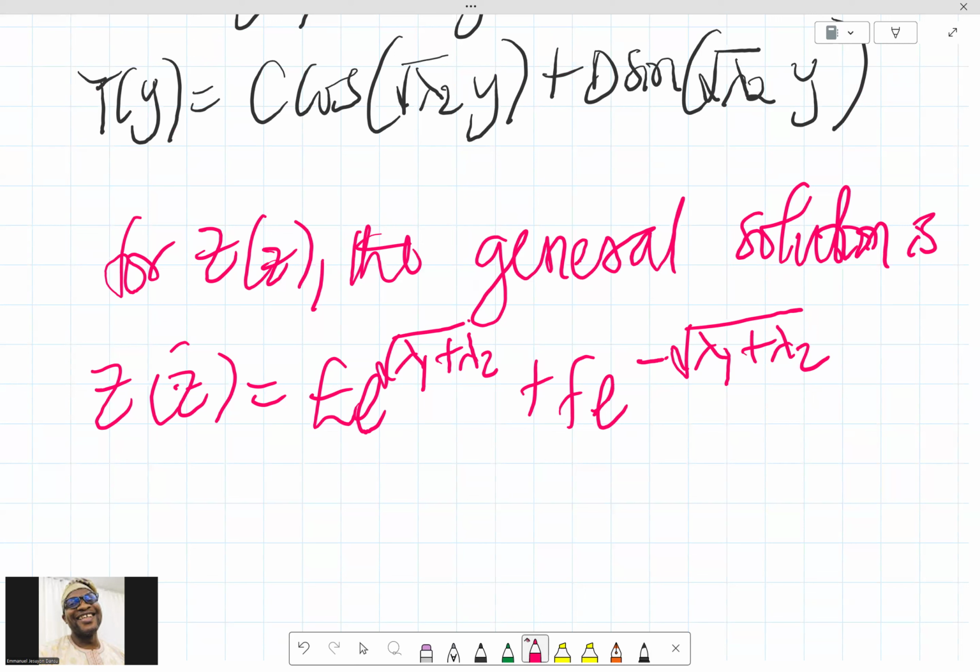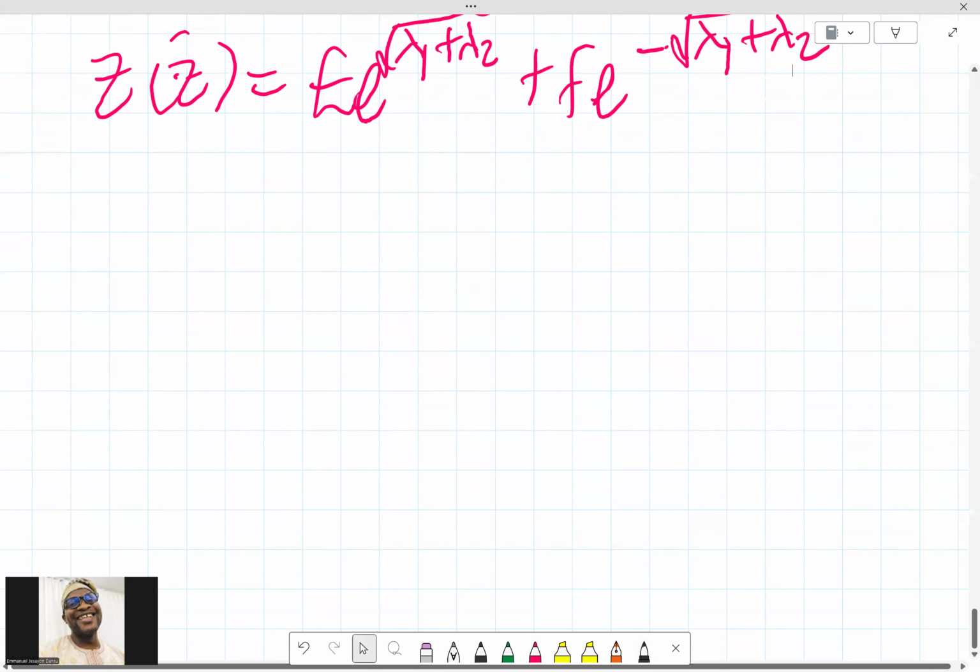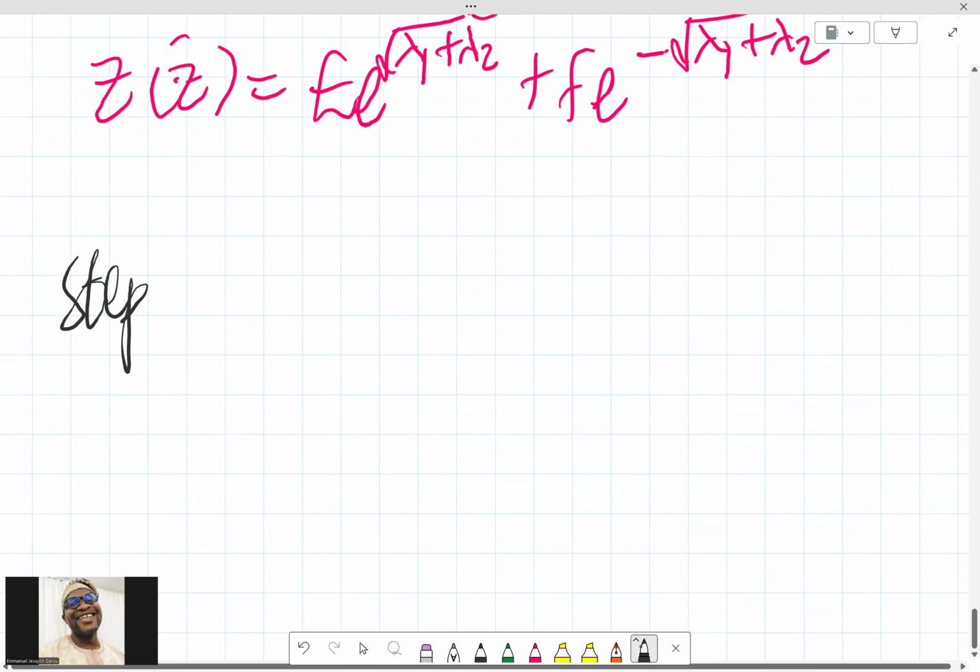So that's for Z of z. Then that takes us to the boundary conditions in step 5 now. We'll talk about the boundary conditions.